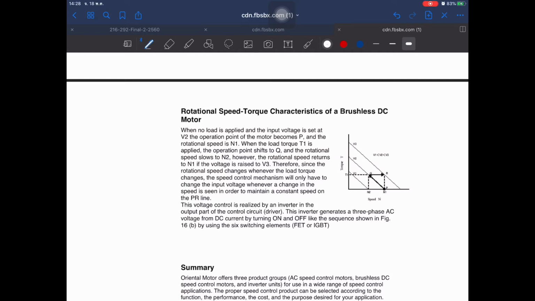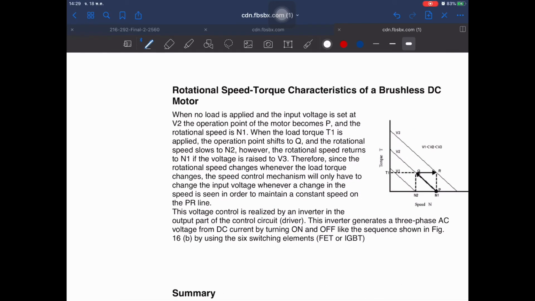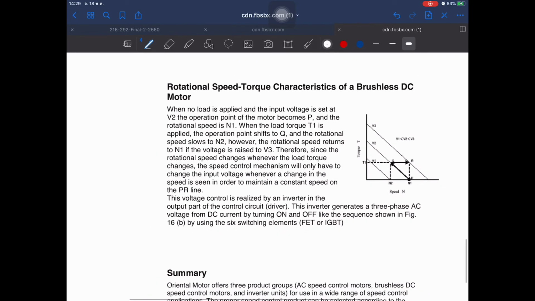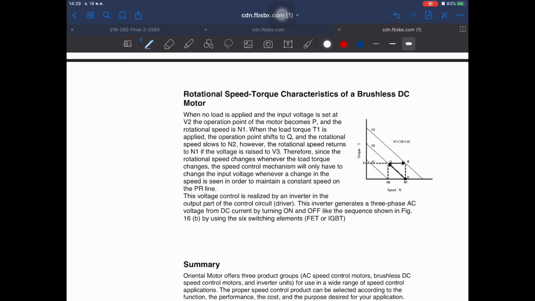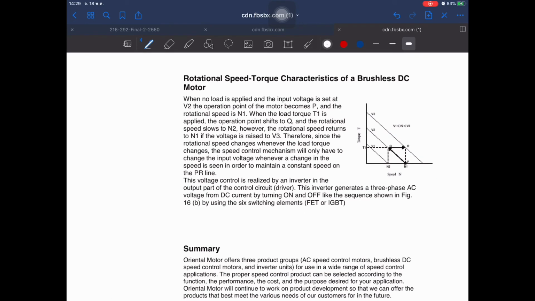And the last thing, rotational speed torque characteristic of a brushless DC motor. When no load is applied and the input voltage is set at V2, the operation point of the motor is P and the rotational speed is N1.